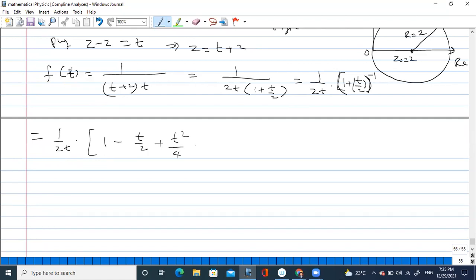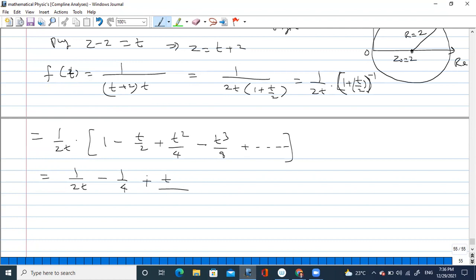X square will be t square by 4, minus x cube, t cube by 8, and plus dot dot dot, like this. So 1 upon 2t, you multiply inside, it will become 1 upon 2t minus, t to t will cancel, 1 by 4, and plus t by 8.